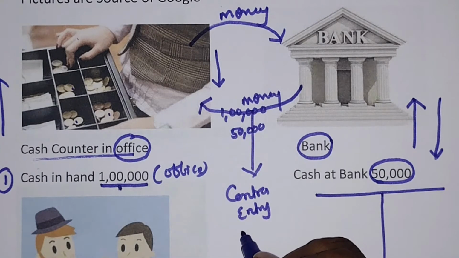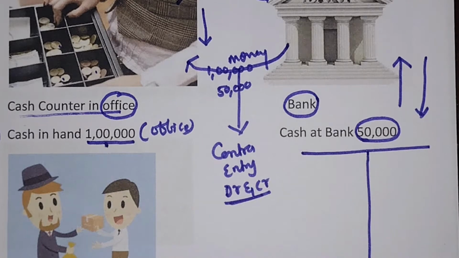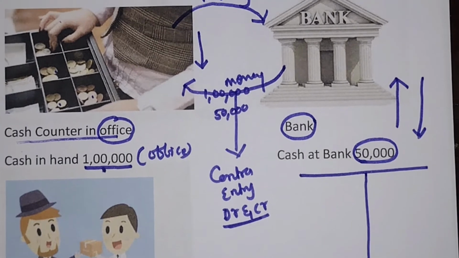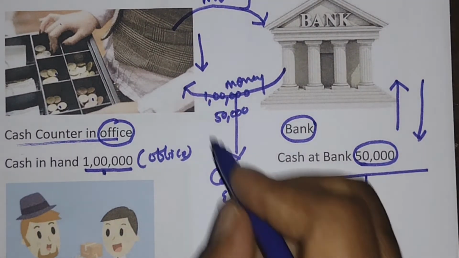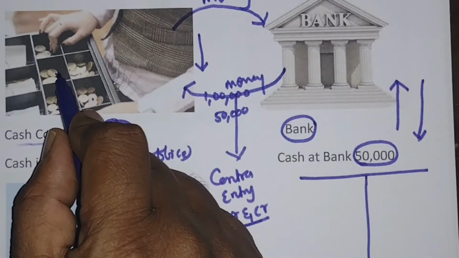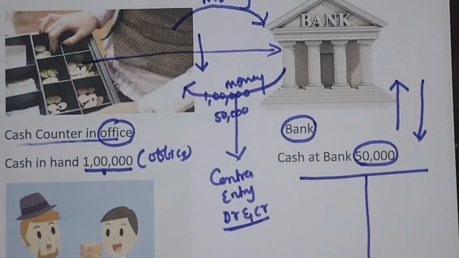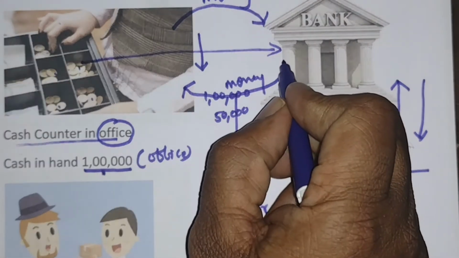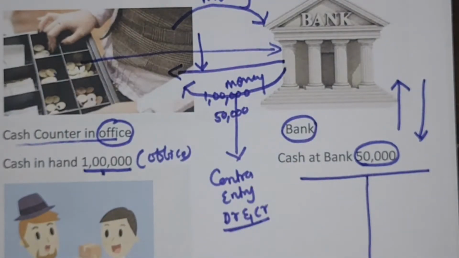Any entry which we record on the debit side and also on the credit side of the same ledger is called a contra entry. I hope that is a clear explanation. Once again, let me give the concept. Cash in the office is deposited into the bank, and cash withdrawn from the bank is brought to the office.